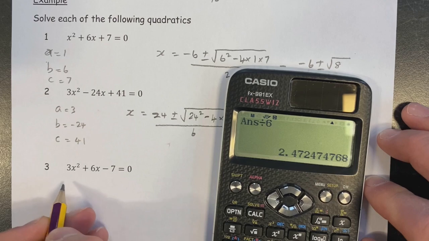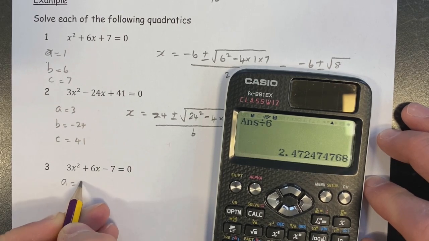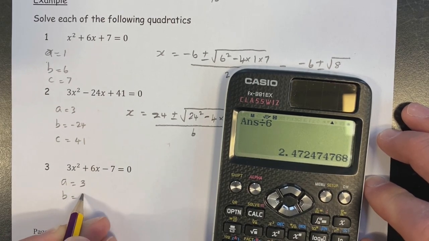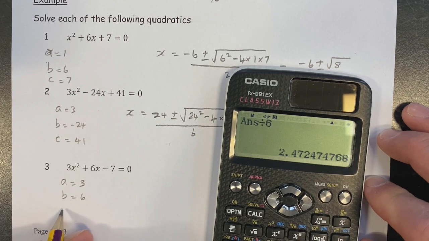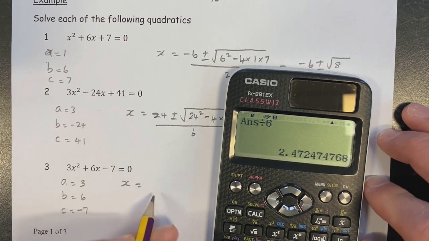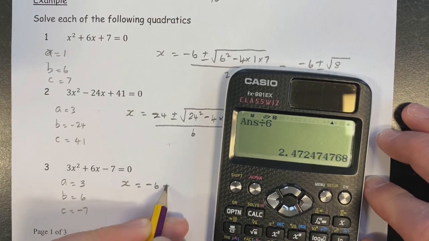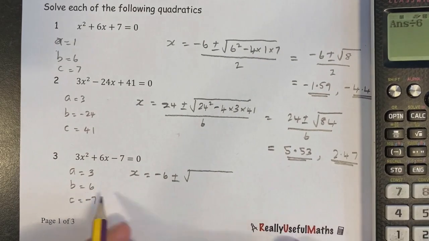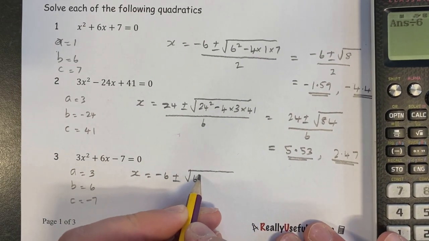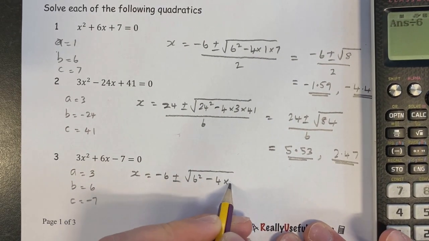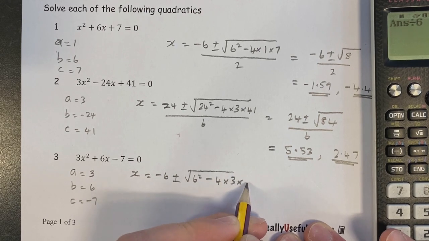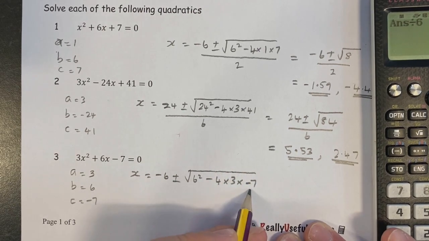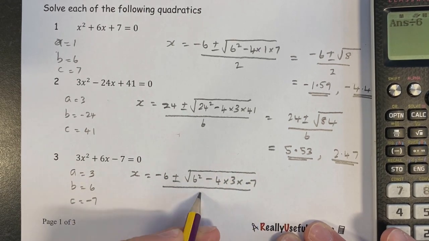One more. A equals 3, b equals 6, and c equals -7. So x equals the negative of b plus or minus the square root of b squared, so 6 squared, take 4 times a times c, and that's all over twice a, so 6.